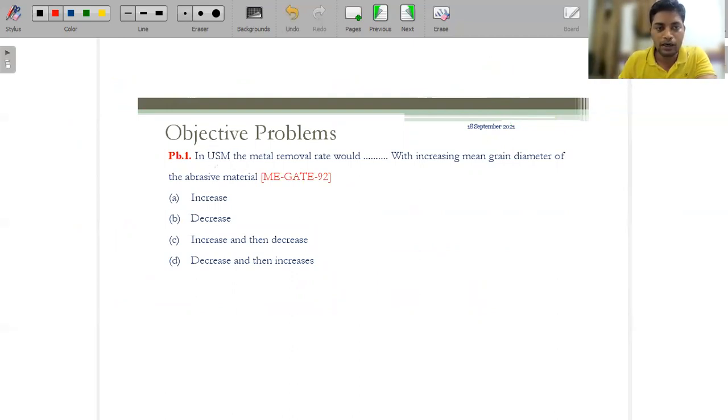First: in USM, the material removal rate would, fill in the blank, with increasing mean grain diameter. Grain diameter means the grid diameter, the diameter of the abrasive particles. This question was asked in GATE Mechanical 1992. How will the material removal rate be affected by the grid size?